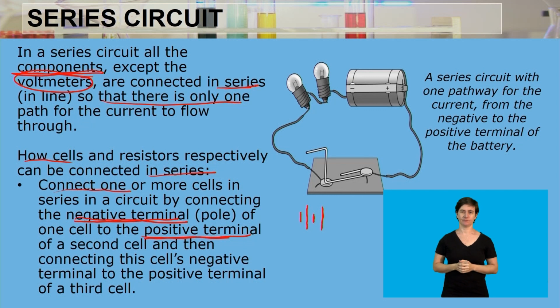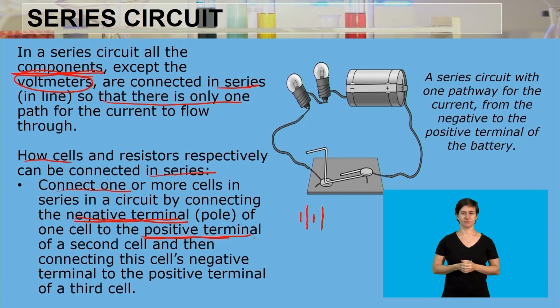So we are saying that when we have more than one cell in series in a circuit, we're going to connect a negative terminal to the positive terminal of a second cell, and then connect this cell's negative terminal to the positive terminal of a third cell. As we are saying, depending on how many we have, we can connect as many as we want.